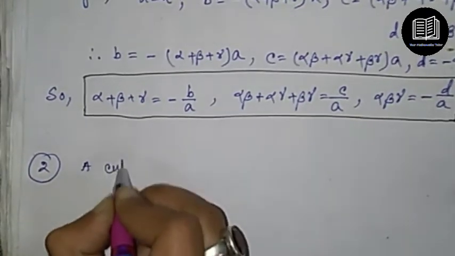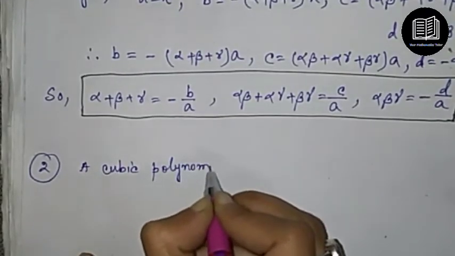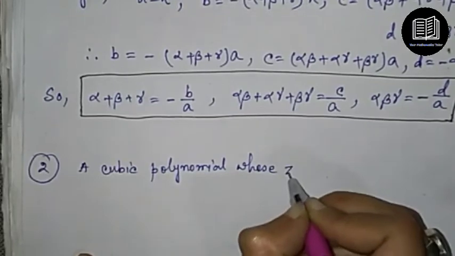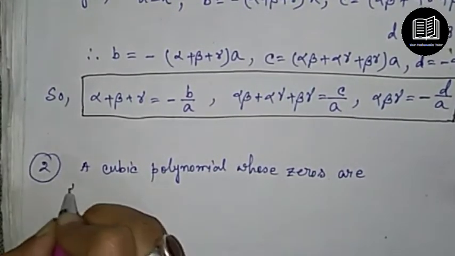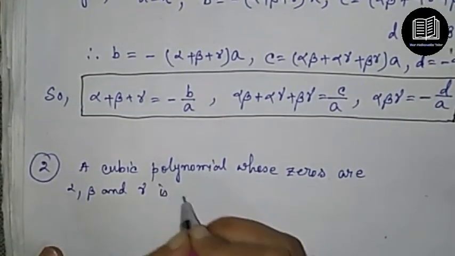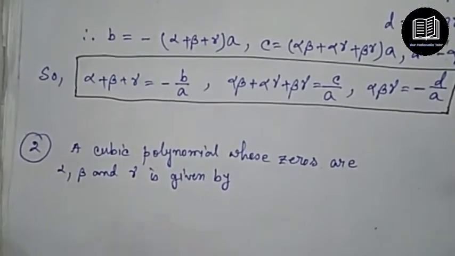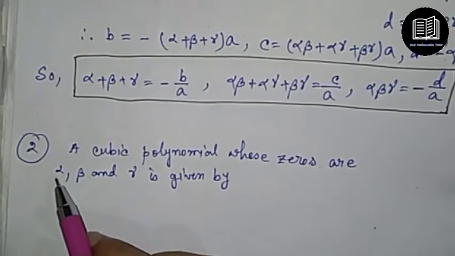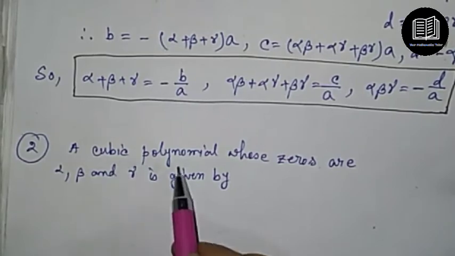A cubic polynomial whose zeros are alpha, beta and gamma is given by, that means if the zeros are given to you, suppose the zeros are alpha and beta and gamma, then what will be the form of the polynomial?